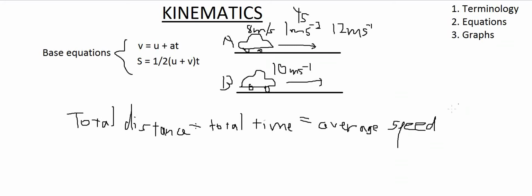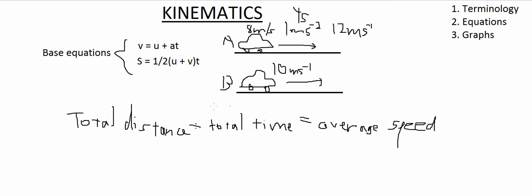Here you will notice that the total time is the same, and here we're assuming constant acceleration. The average speed of car A is (8 plus 12) over 2, which is 10, and for car B the average speed is also 10.